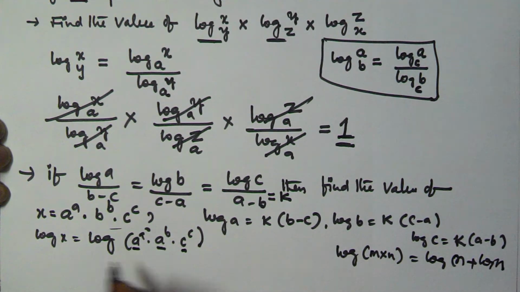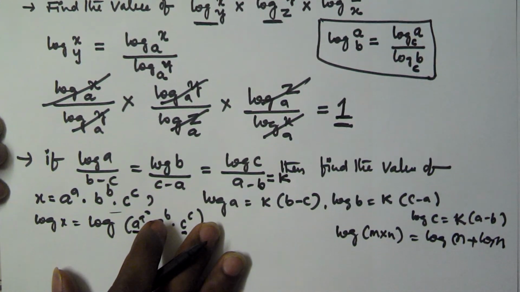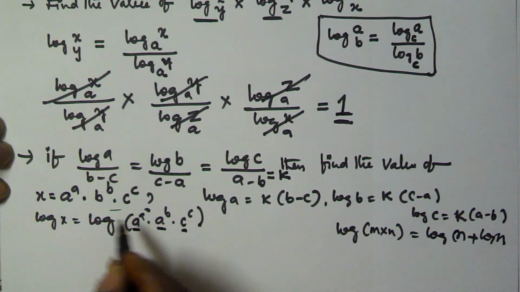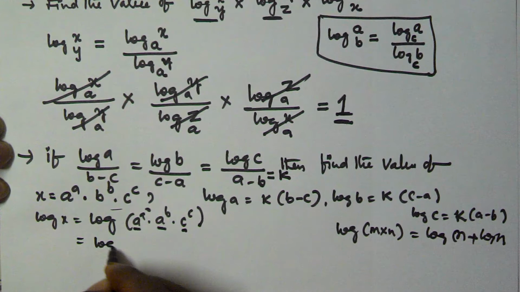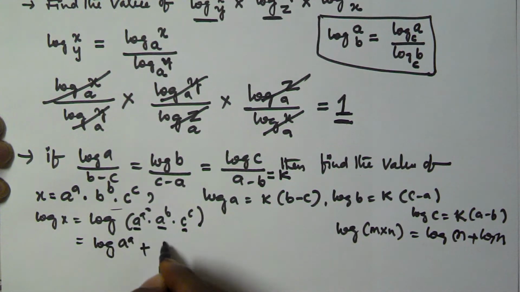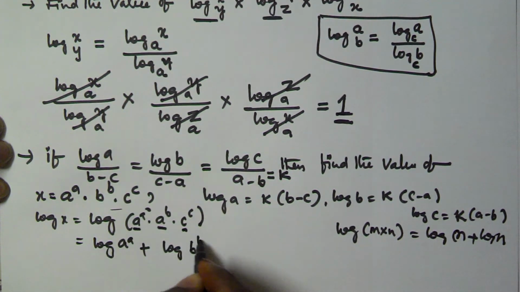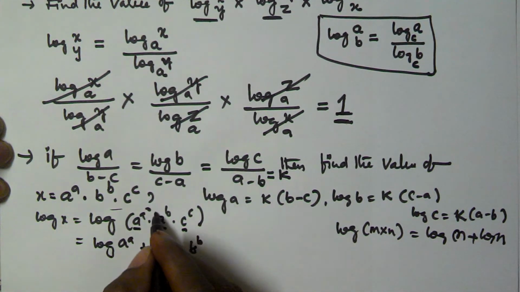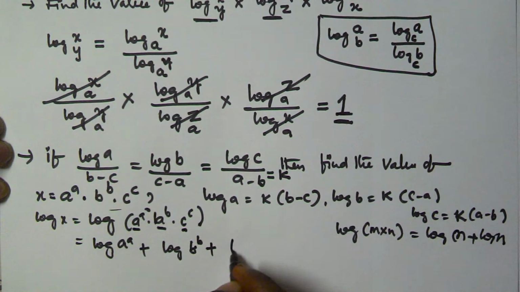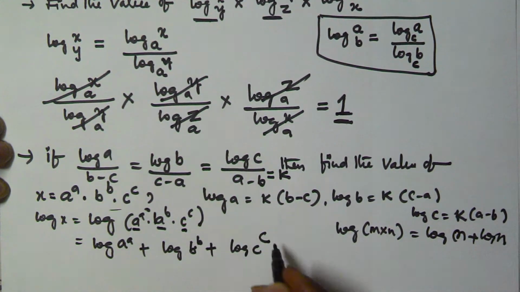Using this formula we are applying the same formula here. So this is going to be equal to log a to the power of a plus log b to the power of b plus log c to the power of c.